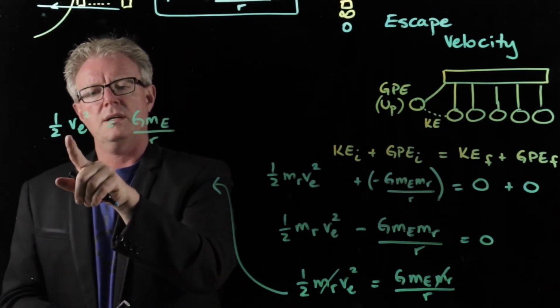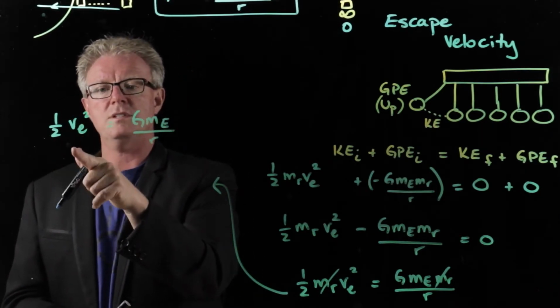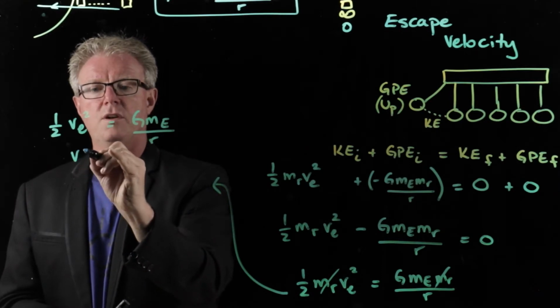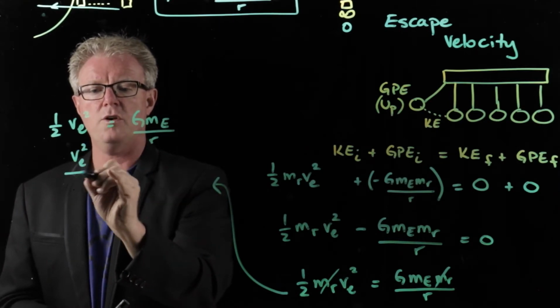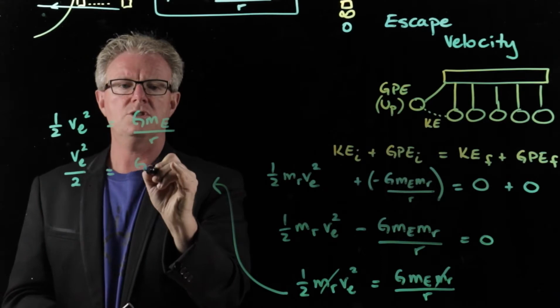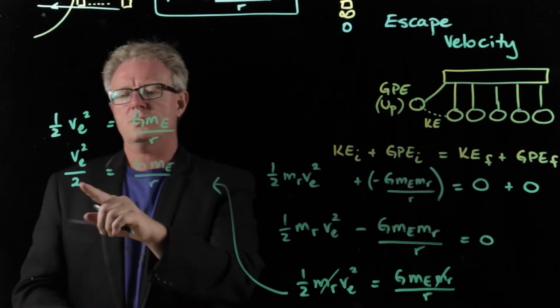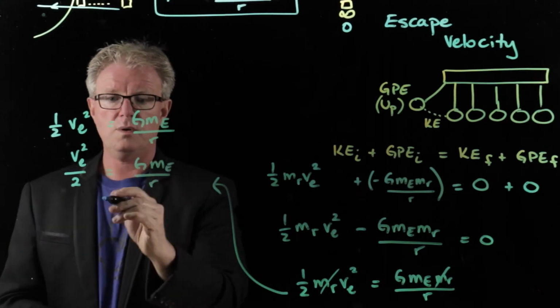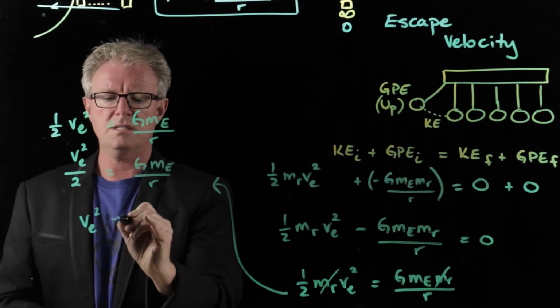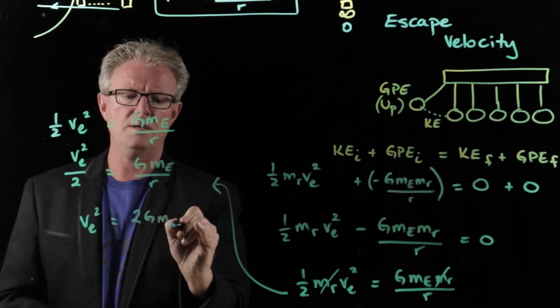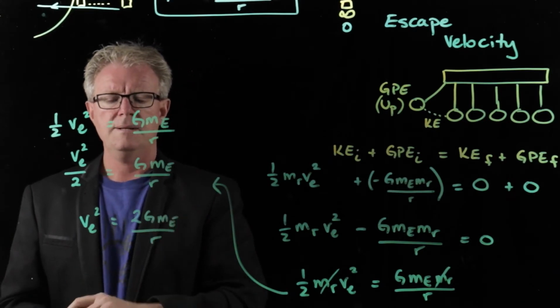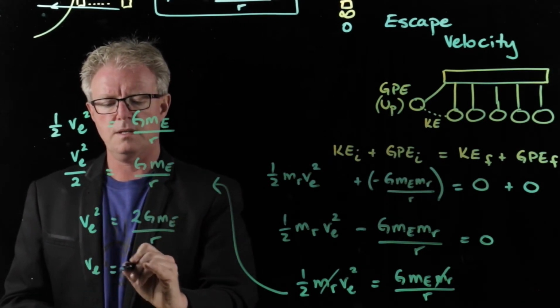So we want to get rid of this, so this is basically saying escape velocity squared over 2 is G Me over r. So what we've got to do is times by 2 here and times by 2 over there, so the escape velocity squared is equal to 2 G Me over r, and then we take the square root.